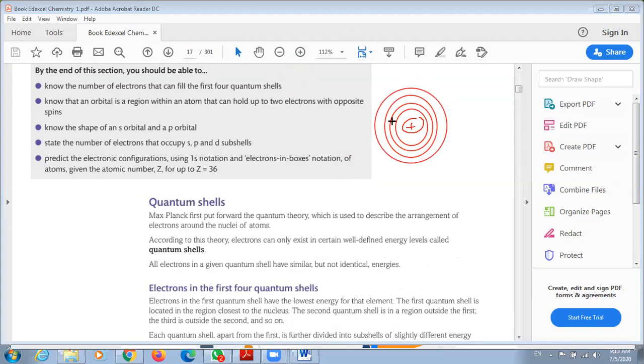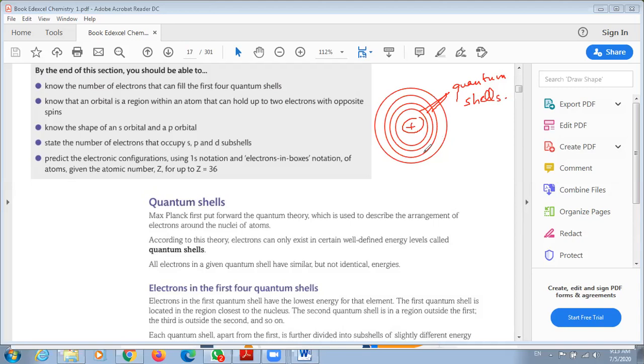We call them quantum shells. What do you mean by the name quantum? It means that they are fixed shells. The shells are fixed in their positions. They do not change their position. Every atom has different quantum shells than the other.